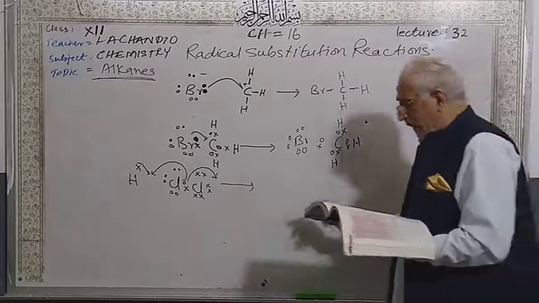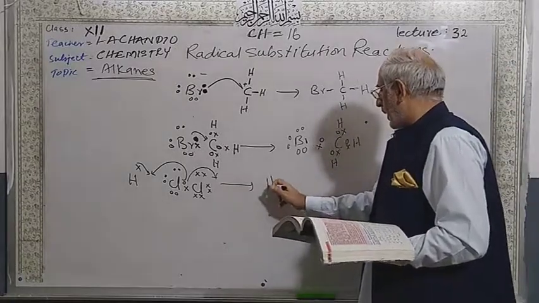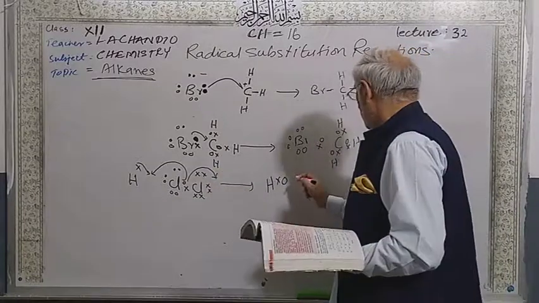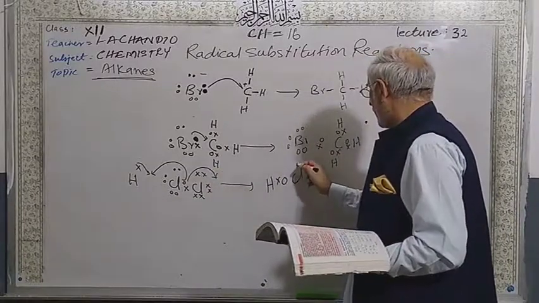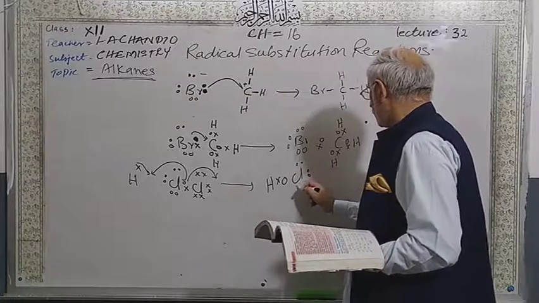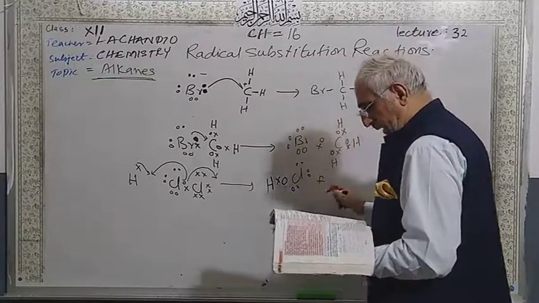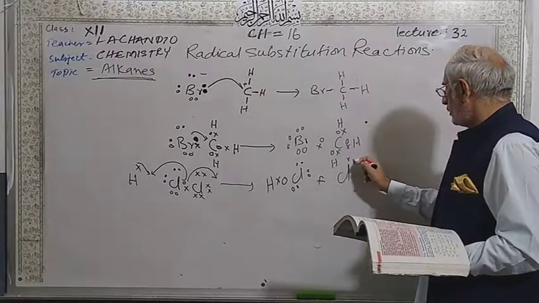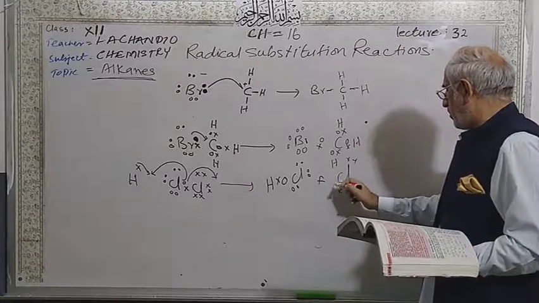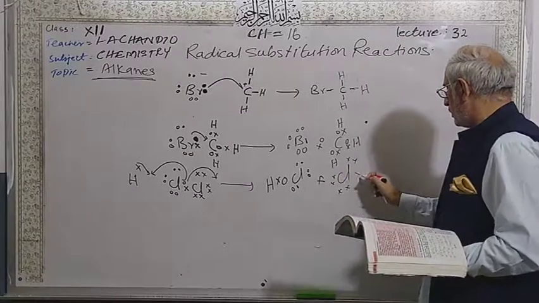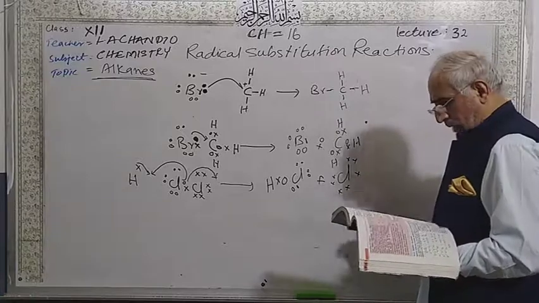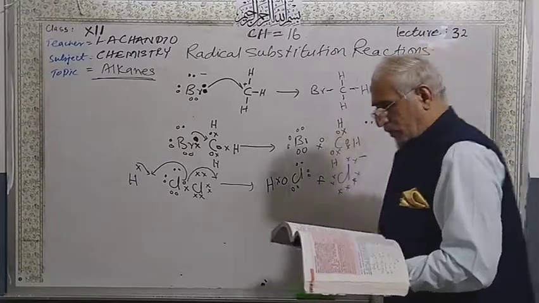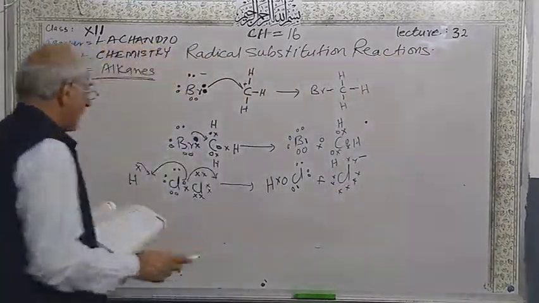So what will you get? Hydrogen, with one electron of the chlorine, gives hydrogen chloride, plus a chlorine atom. If you write the chloride ion, you must put the negative charge because 8 electrons are there.